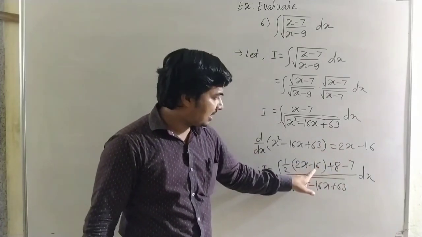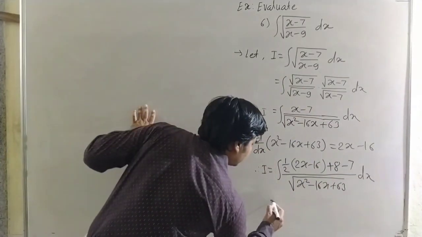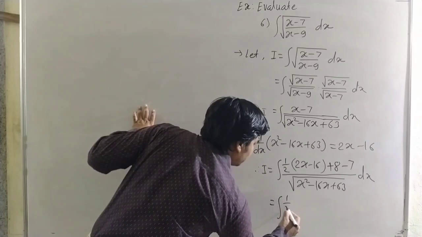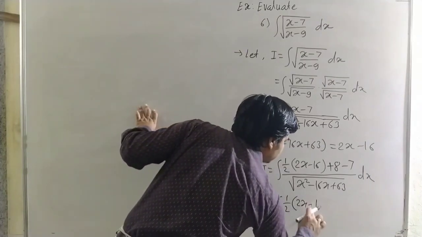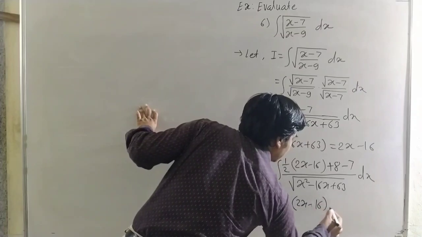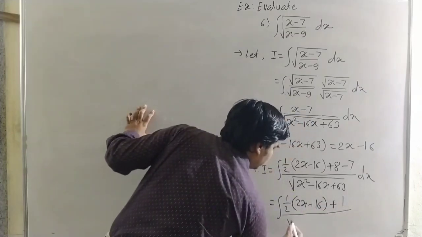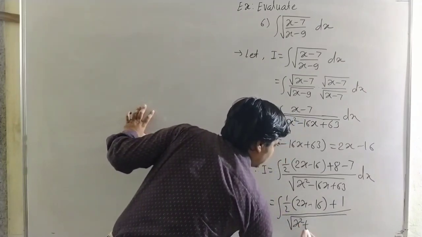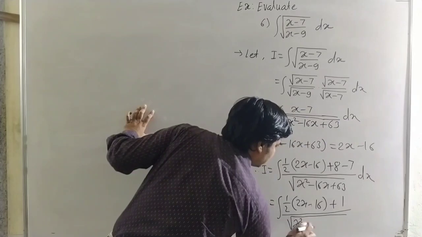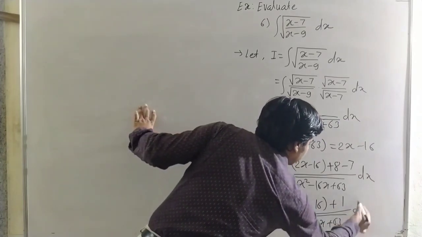It is minus 8 and plus 1, we get minus 7. We can write one more step: 2x minus 16 and plus 1 upon under root x square minus 16x plus 63, dx.